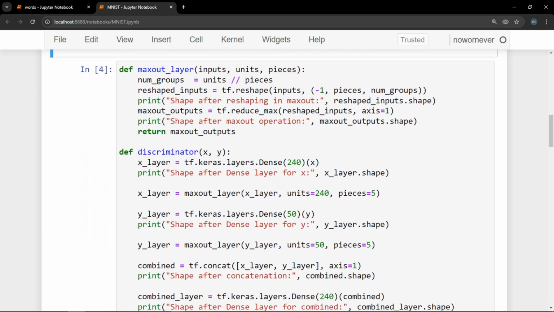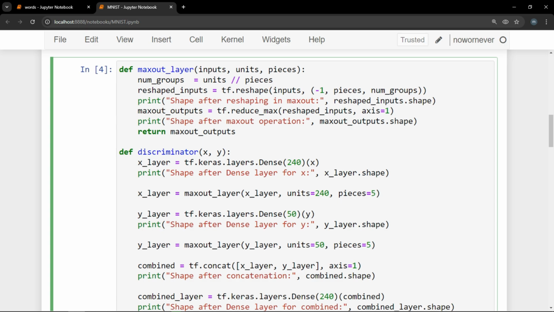For the discriminator D, we first implement the maxout layer. We determine the number of groups by dividing the total units by the number of pieces. Then we reshape the input into a shape of batch size by groups by pieces.